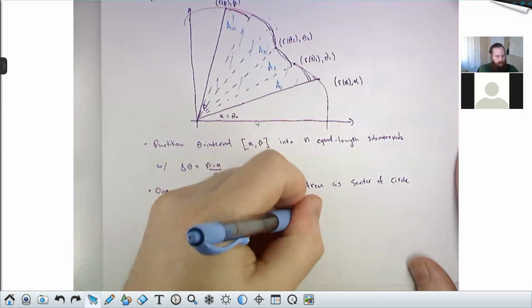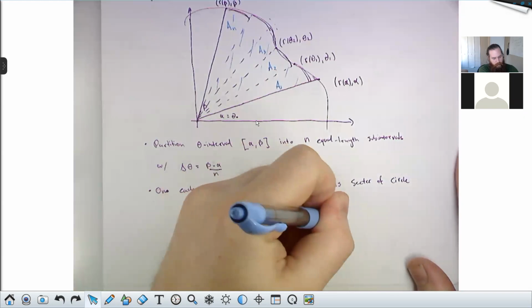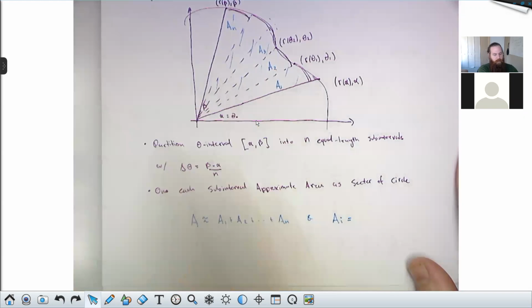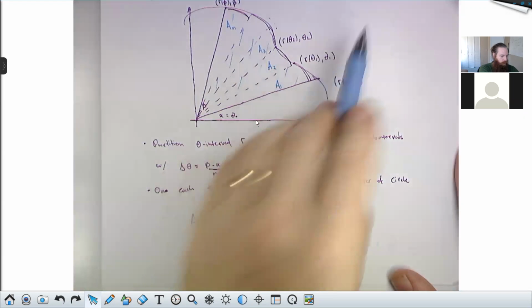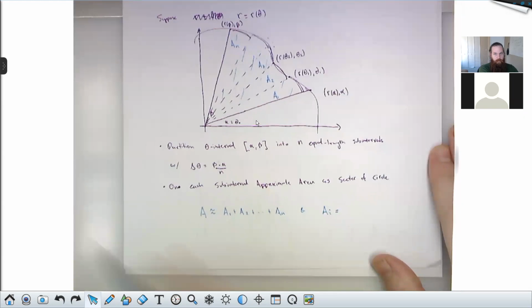And each A i is the area of a sector. So I can approximate it using the formula 1/2 theta r squared.